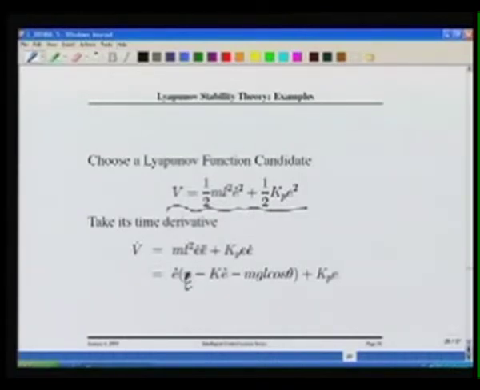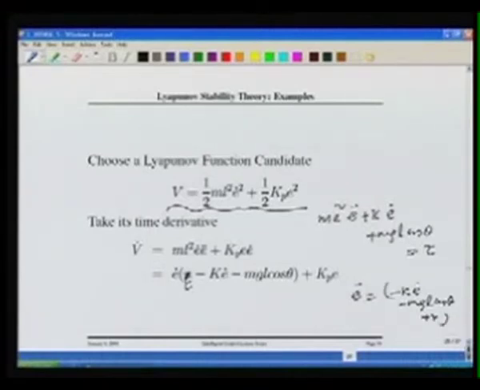So, you see that we found just now ml square E double dot plus k E dot plus mgl cos theta equal to tau. So, from here we can write E double dot to be minus k E dot minus mgl cos theta plus tau, times 1 by ml square. This ml square is multiplied with this ml square, that becomes 1.